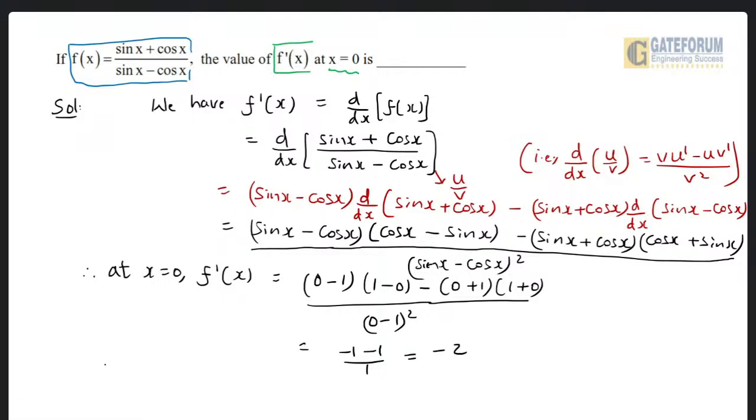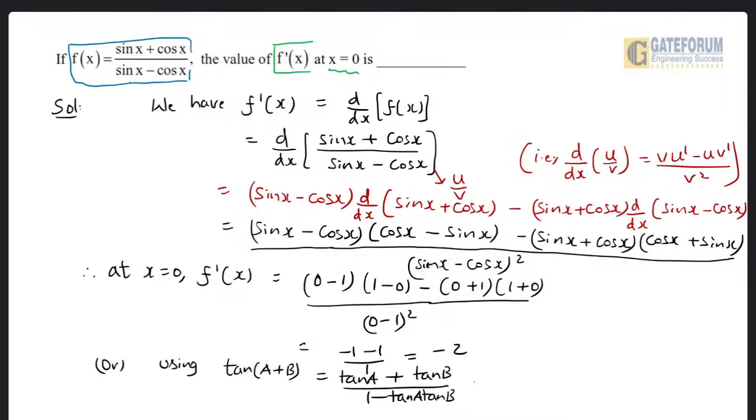Okay, so I can give a hint. You can do it using the tan a plus b formula, tan of a plus b is equal to tan a plus tan b over 1 minus tan a tan b. First divide numerator and denominator by cos x.